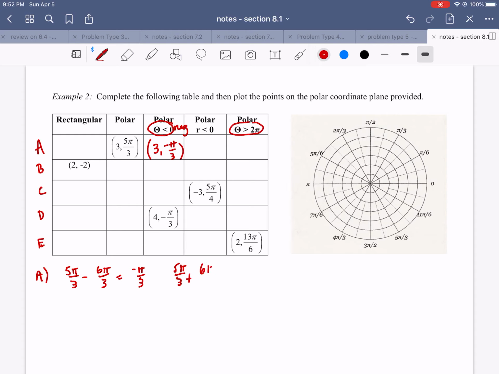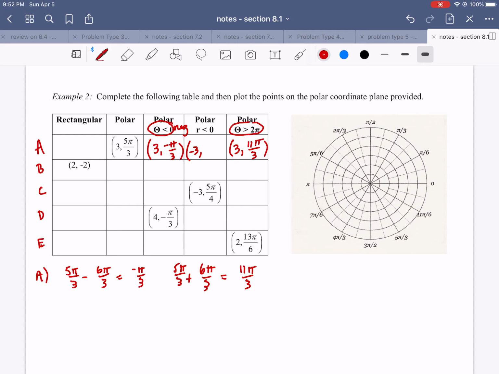So if I add 6 pi over 3, that's going to give me 11 pi over 3. And so this angle in polar coordinates with a theta bigger than 2 pi will be 3 and 11 pi over 3.